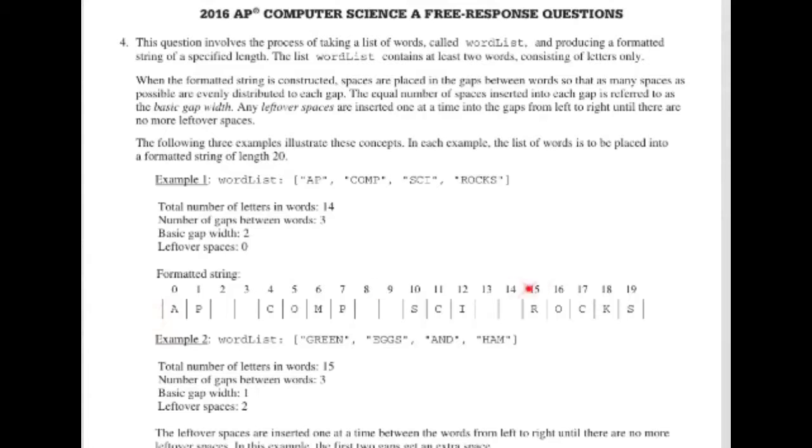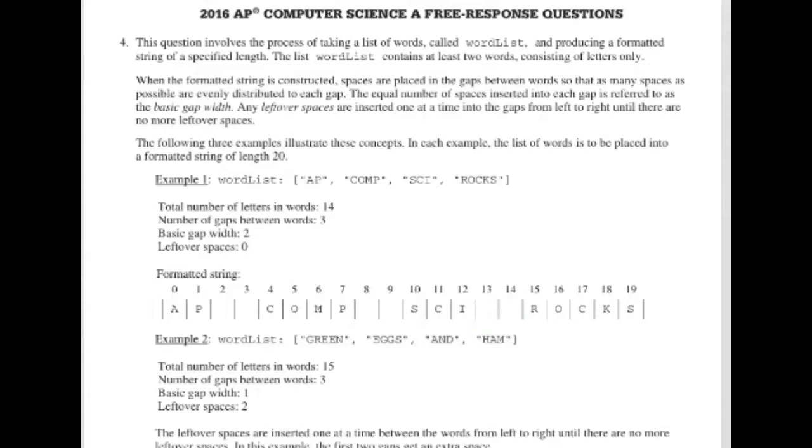Formatted string. Oh, and it gives you examples, so maybe that's best to just read it quick and then look at the examples. Spaces are placed in the gaps between words so that as many spaces as possible are evenly distributed to each gap. The equal number of spaces inserted into each gap is referred to as a basic gap width. That's this part, I'm assuming.